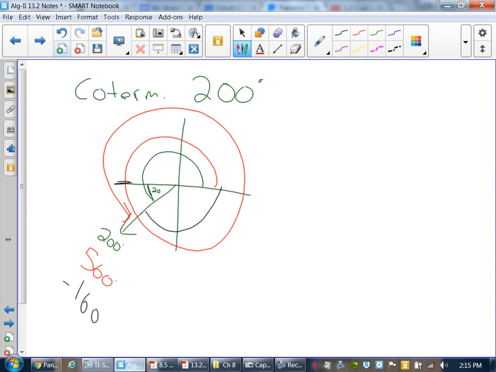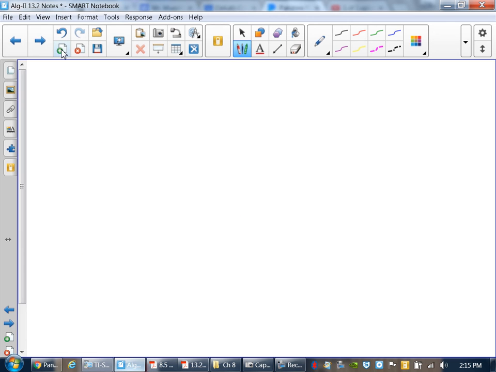Now, if I'm past that, if I start with an angle that is, let's say, 500 degrees... actually, let's make it different. Let's make this negative 400.